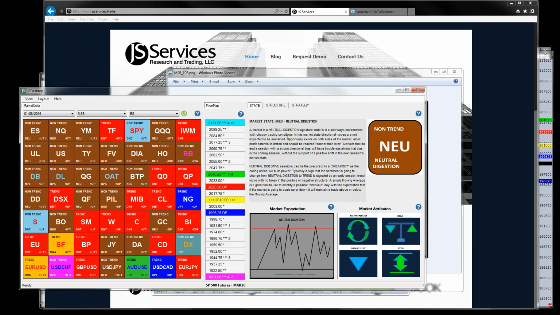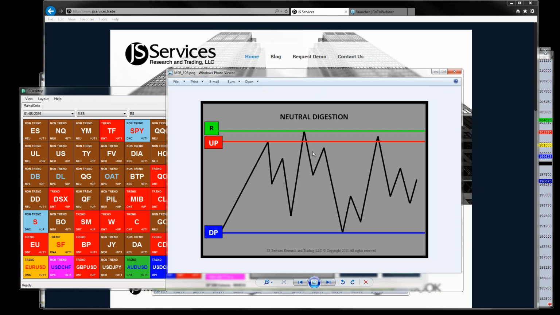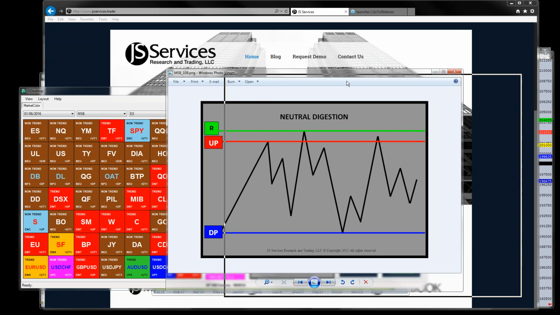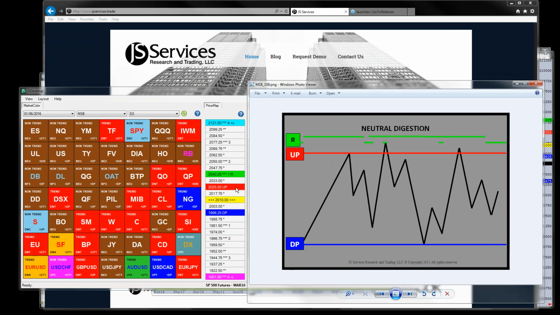One thing we do with our work is identify a sentiment bias, and today our sentiment bias is above the market at 2040 and a quarter. That tells us we're in neutral, but with a negative skew up to this 2045 and a quarter level. This is the top of that digestive range, and the low point is at 1996 and a quarter. So the expectation coming into the session was the potential for a digestive session within this structure.